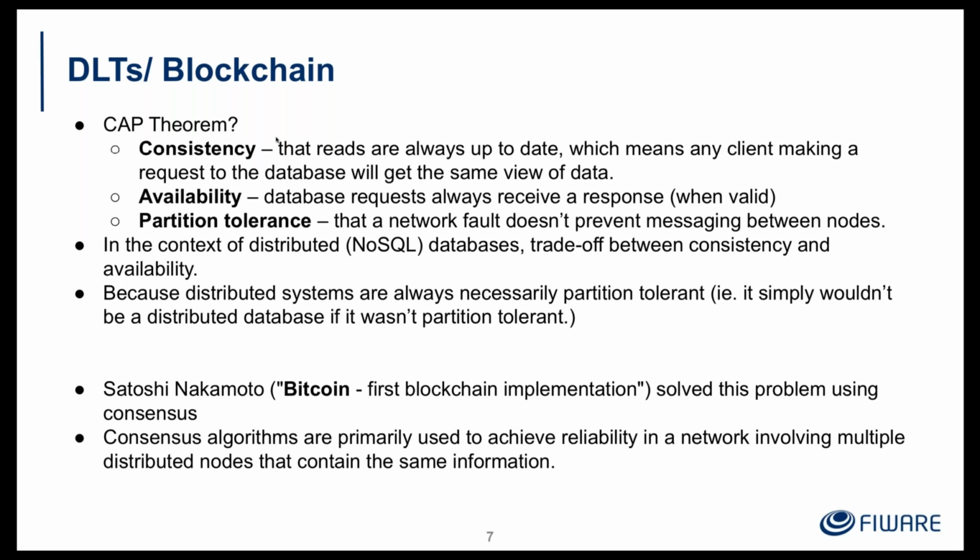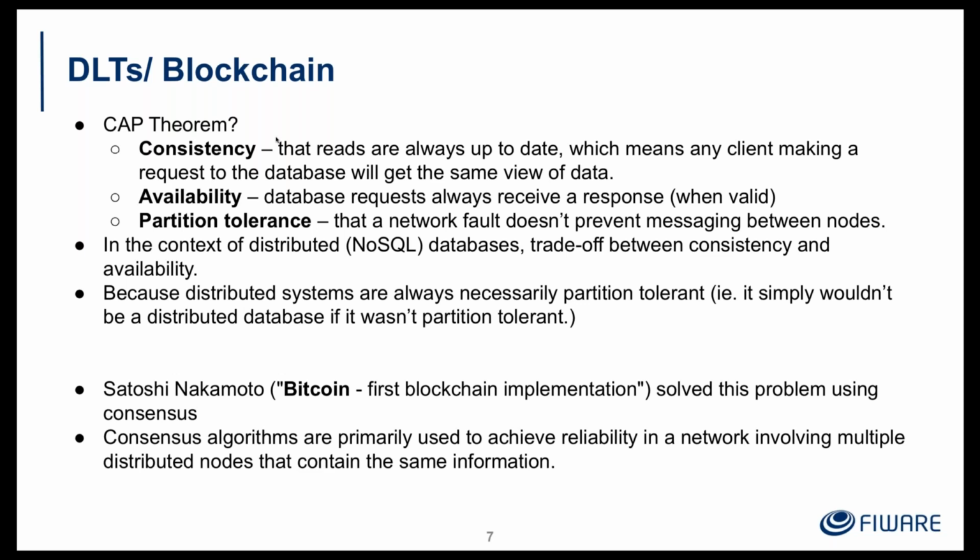A stands for availability, the database should always respond to a valid request. And P is partition tolerance, which a distributed system has by itself, but achieving all these three together is not possible in a distributed way. But here, the first implementation of Bitcoin tried to solve this problem by proposing a consensus.